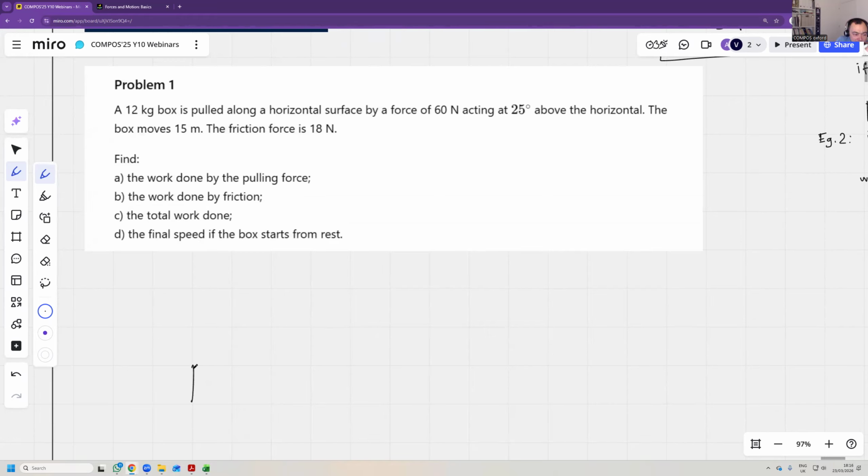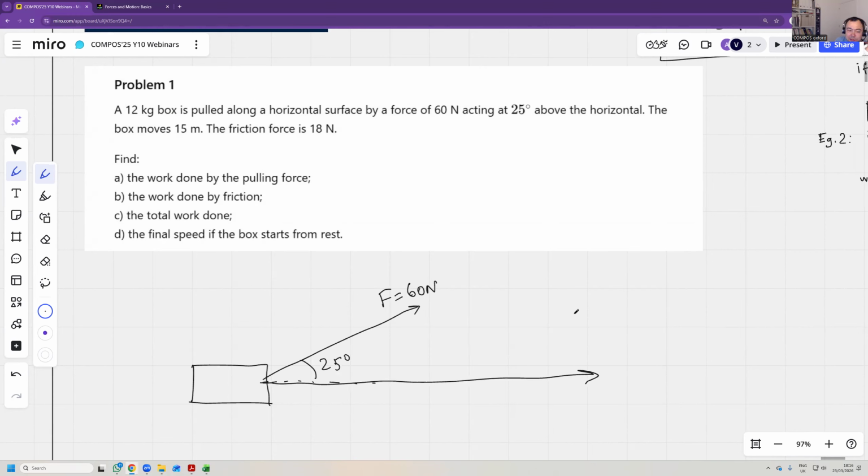So we have a box and we are pulling using a rope, and the force is 60 newtons, acting at 25 degrees. The box moves 15 meters, so the displacement of the box is 15 meters. And the friction force is 18 newtons.